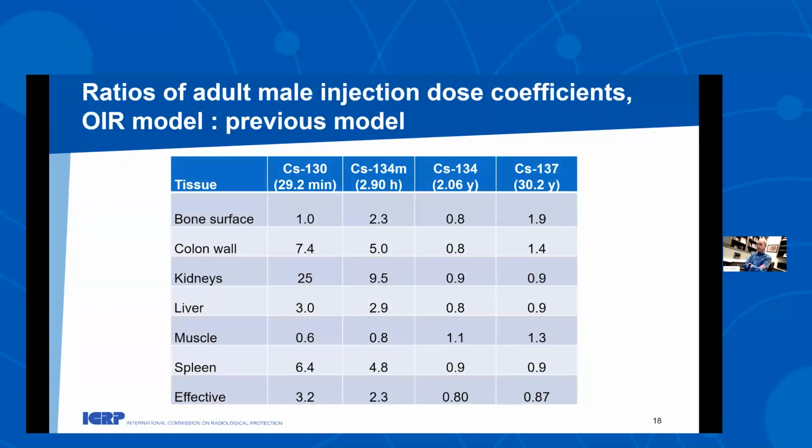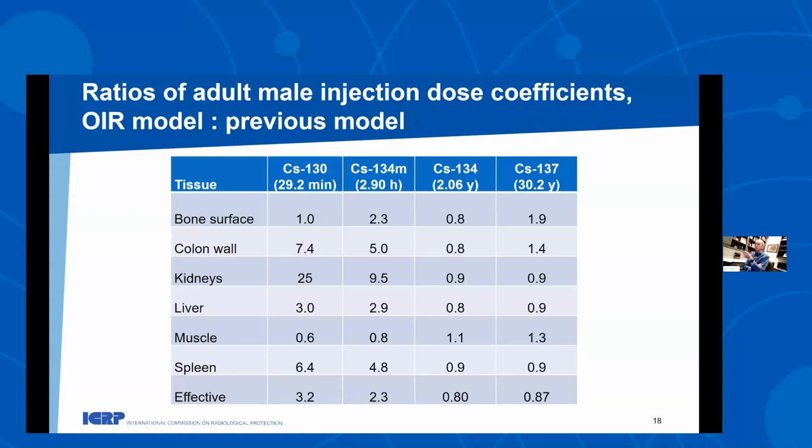And this slide compares dose coefficients for selected cesium isotopes based on the OIR model with values based on the previous two-compartment model that I showed you earlier that was used for many years by the ICRP. And you see for short-lived radionuclides, which are the two on the left, short-lived cesium isotopes, quite a lot of difference.